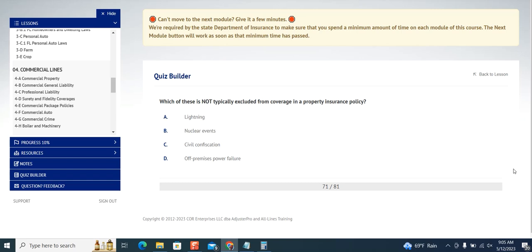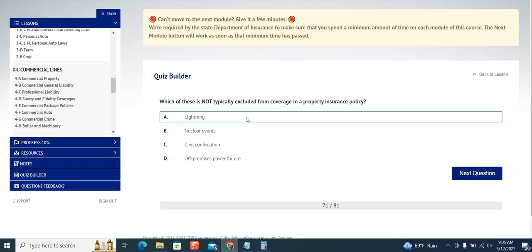I'm trying to think of lightning. Which of these is not typically excluded? I think if lightning happened, it's kind of a guessing game. Okay.